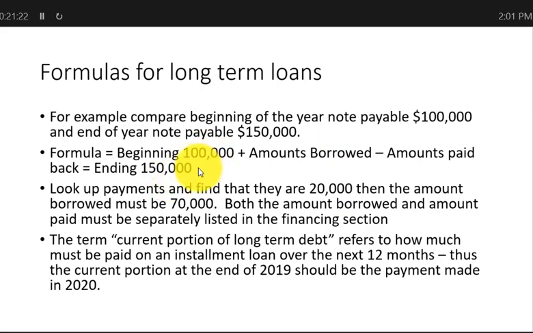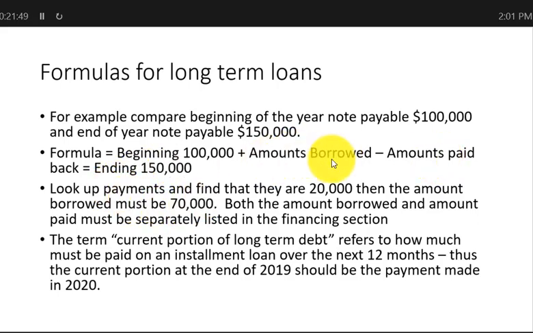But that's not sufficient for long-term loans. We have to tell our readers how much each of the amounts borrowed and each of the amounts paid back was. So we look up the payments and find that they're $20,000. So if we know that this started at $100,000 and we paid $20,000, then we know we must have borrowed $70,000.